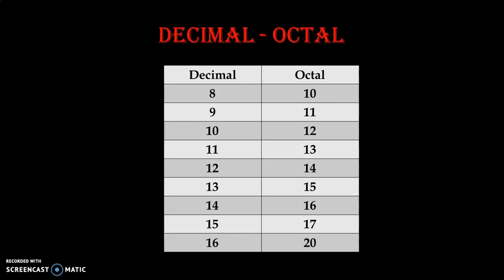So for decimal number 8, the equivalent octal number is 10. Same way, 9 is 11, and we can go up to 17 for decimal number 15. Once we reach 17, we go to 20. Then again 21, 22, up to 27. When we reach 27, we write 30, and so on.